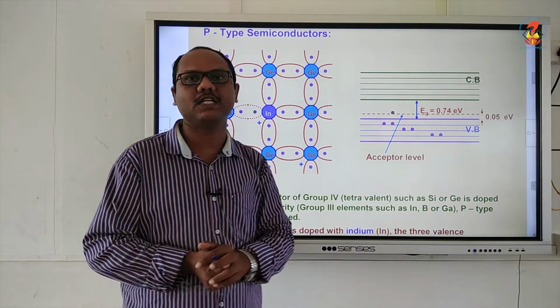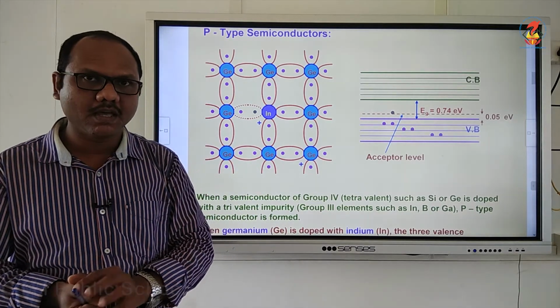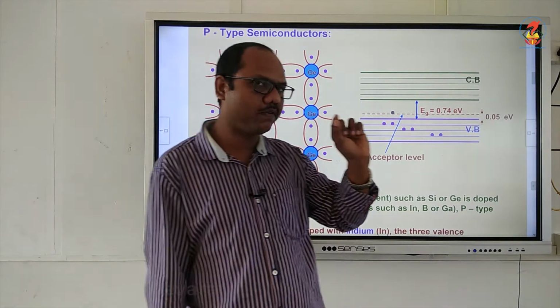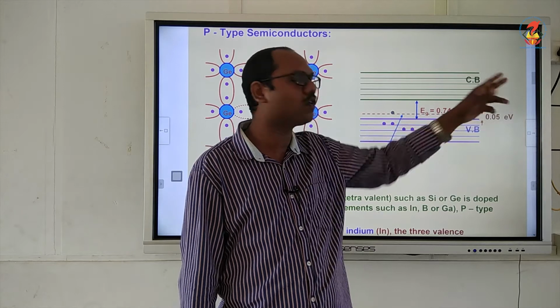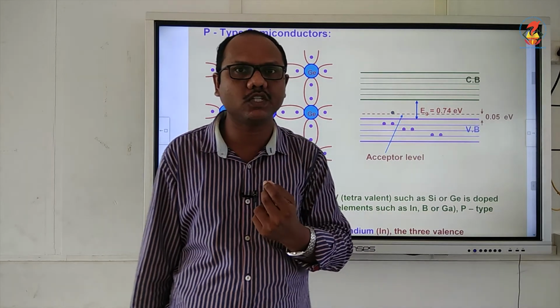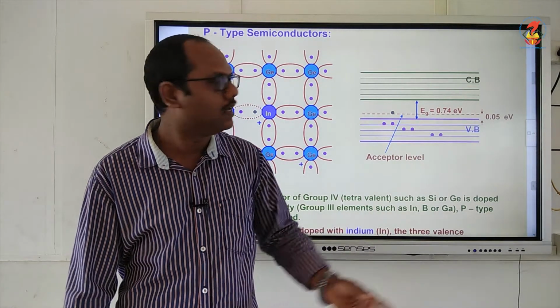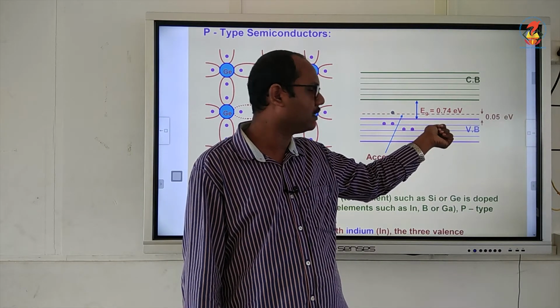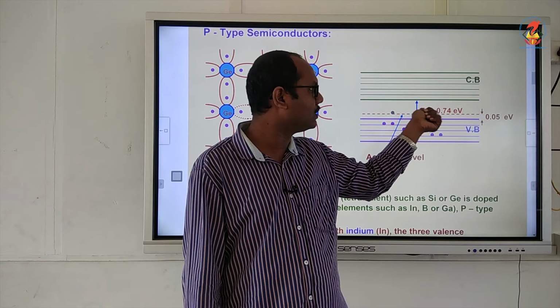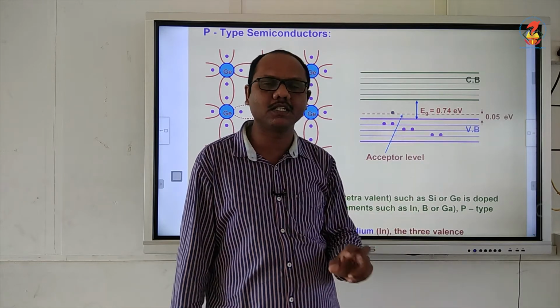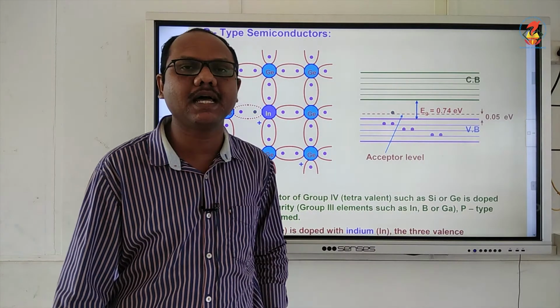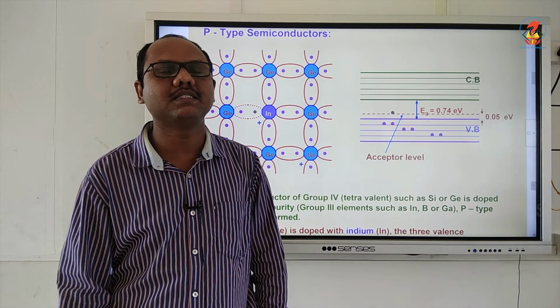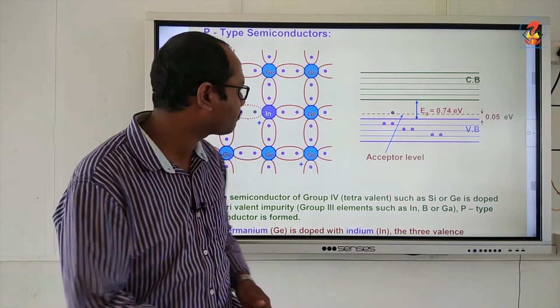That is how the conduction happens. When we give a sufficient amount of energy, say for example 0.05 electron volt, a very slight energy, at that time itself the electrons from the valence band will break the bond and jump towards the acceptor energy level and fill the holes. This is how conduction takes place.